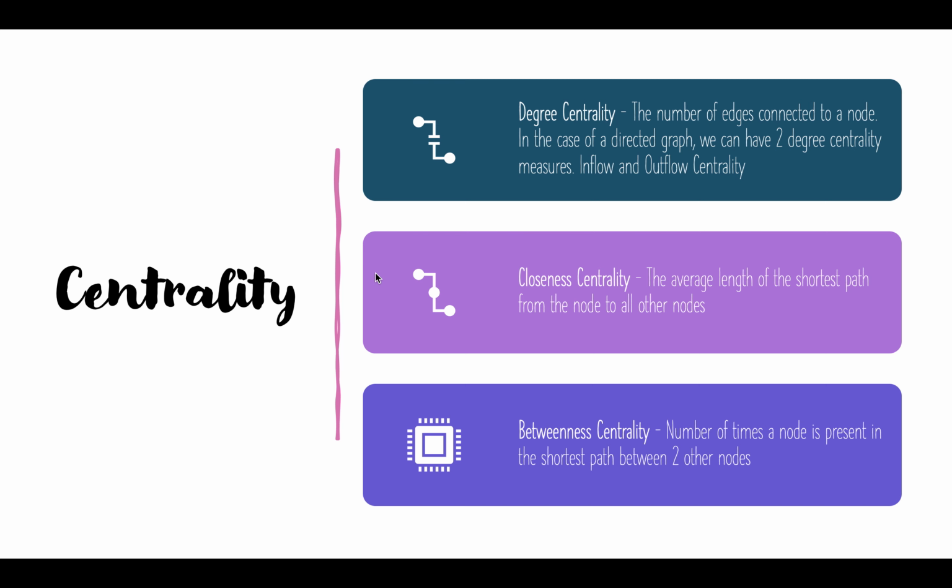We could also discuss closeness centrality. The closeness centrality of a node is the average length of the shortest path from the node to all other nodes. And it is actually kind of important. I don't know if you have heard this story, that when you tell somebody the news, the further the news gets, the more twisted it will become.